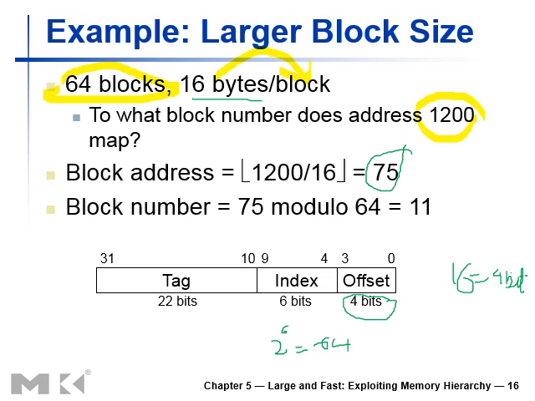We take the mod of the block number with the total number of locations in the cache memory, and the result is the location in which we store that block. So the address 1200 maps to the 75th block, and the 75th block maps to the 11th location in the cache memory.